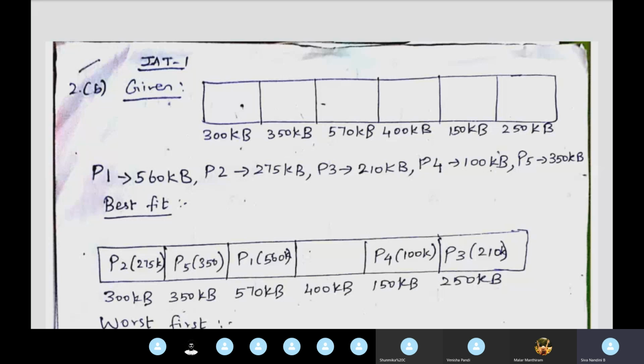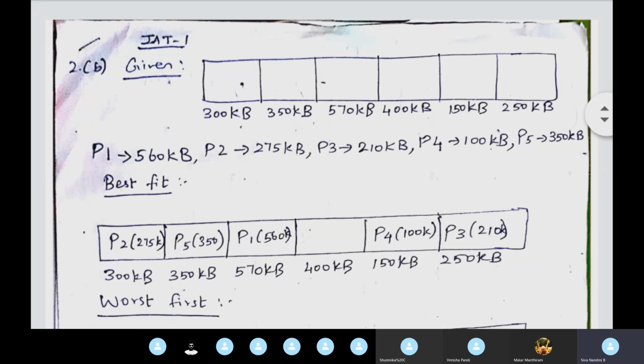Then for P4, going from the start to the end, P4 is of size 100 kilobytes. We have a 150 kilobyte partition, which is enough to hold it. The last process is P5, of 350 kilobytes. We have an exact partition of 350 kilobytes, so P5 can be accommodated there in the best fit algorithm.